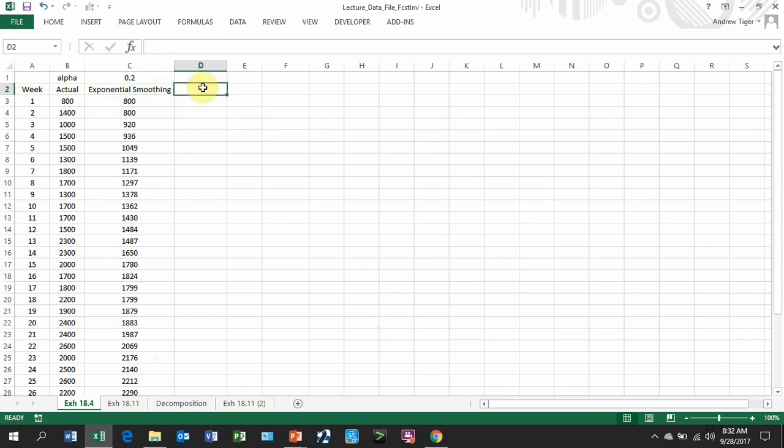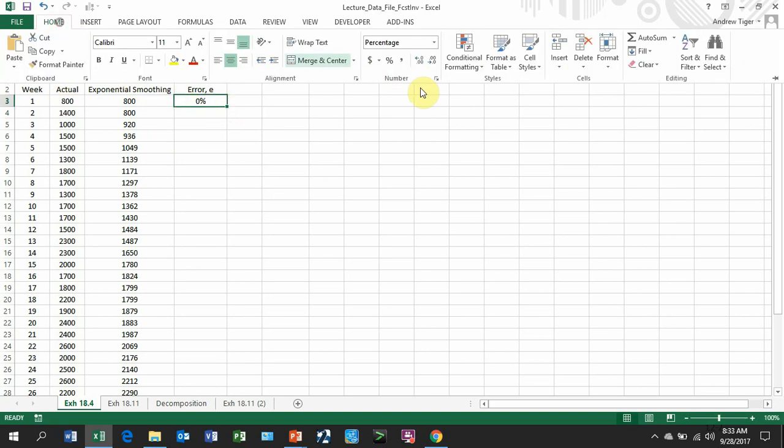So let's calculate something. First of all, let's just calculate the error. The error is just the difference between the actual and the forecast. I'm showing it as a percent now, but we don't need to show it as a percent yet.